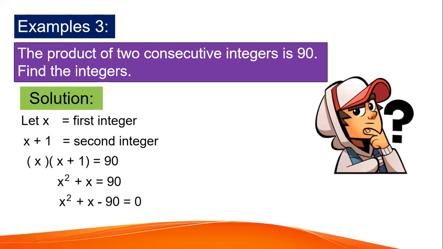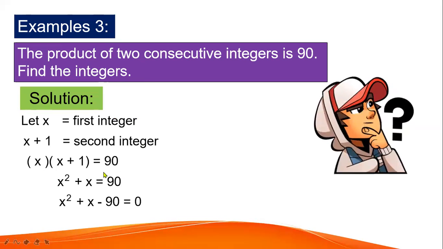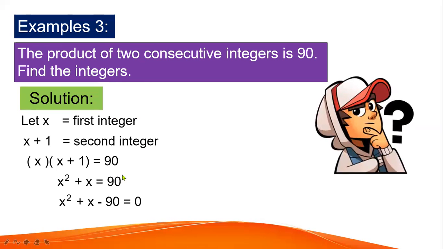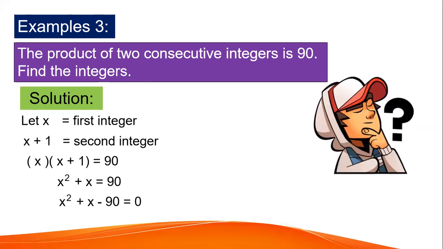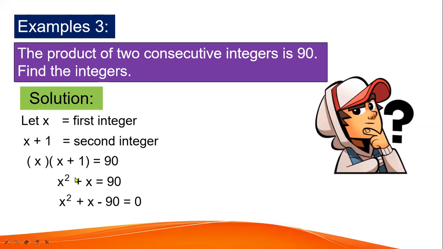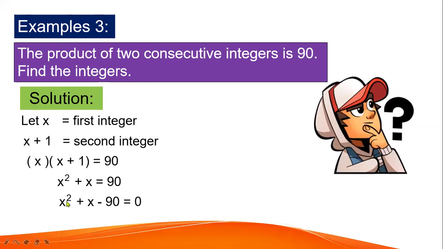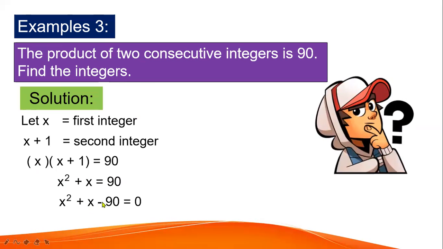Then after that, you transpose again, transpose positive 90 from right to left. So therefore, change the sign, positive to negative. And then after that, you get the factors of this trinomial. So the given factor is 90.